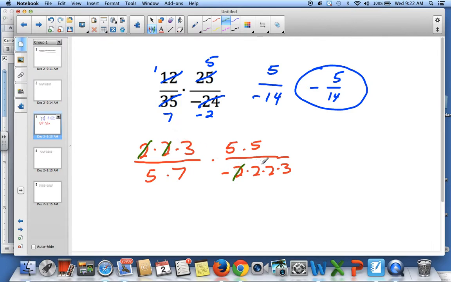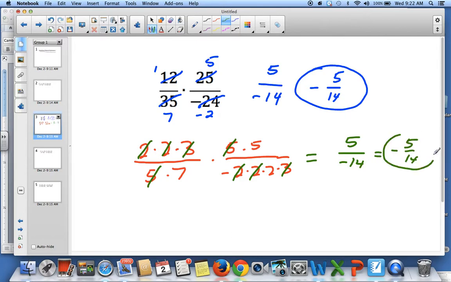This 2 can cancel this 2. This 3 can cancel this 3. This 5 cancels this 5. And there's no more 5s, and that's all. So now the answer would be just multiplying straight across. The only thing left on top is the 5. And the bottom is 7 times negative 2, which is negative 14. So there's my answer, negative 5 over 14.